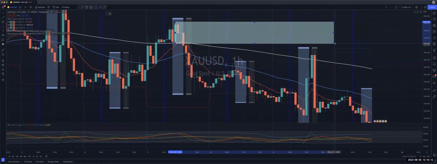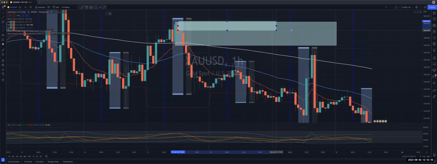Here you can also see we had this order block. Remember, we had a selling bias from a higher time frame.